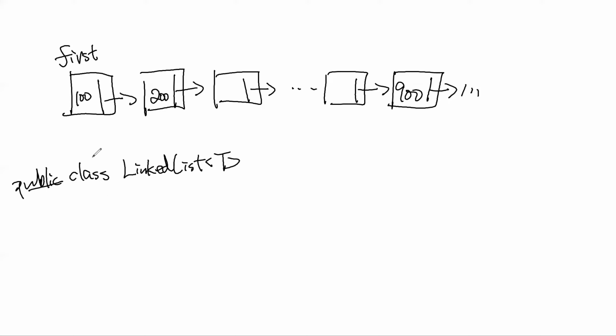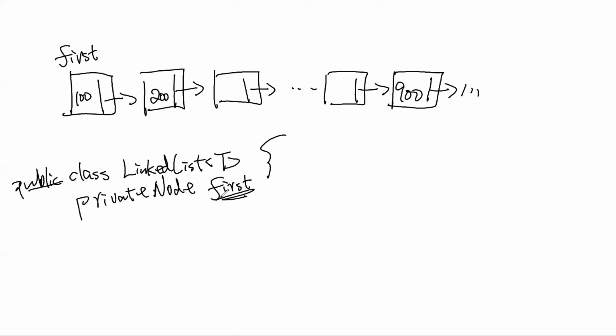With this linked list, its data member is what? You will have the first, and the type is a node.